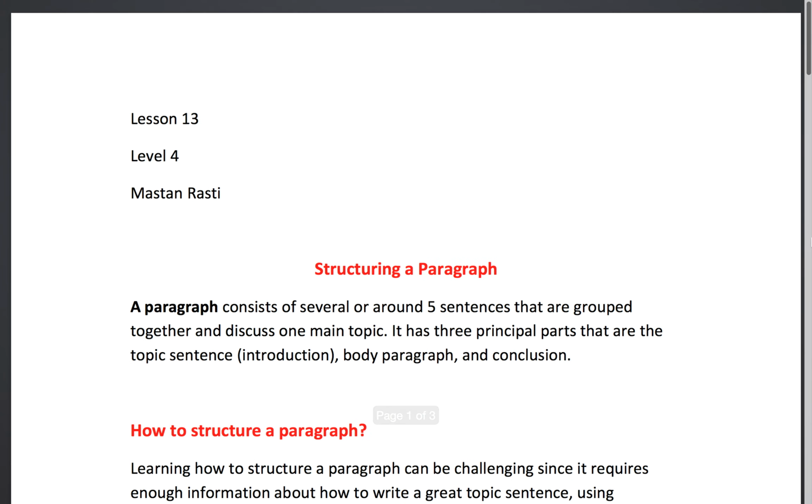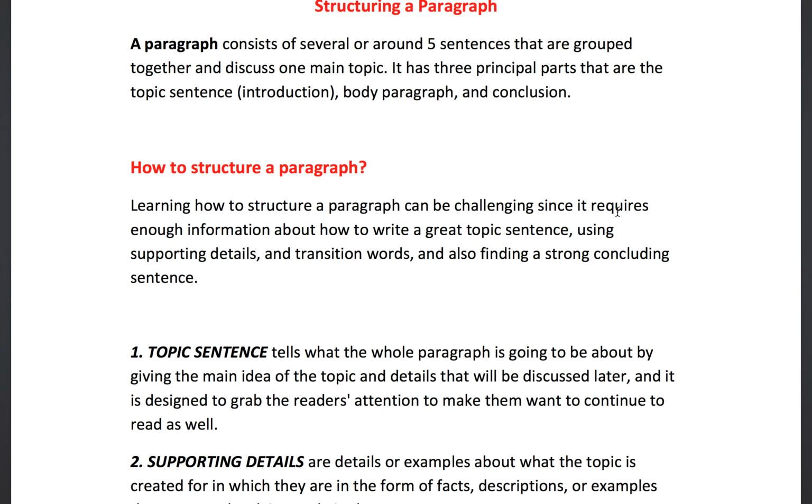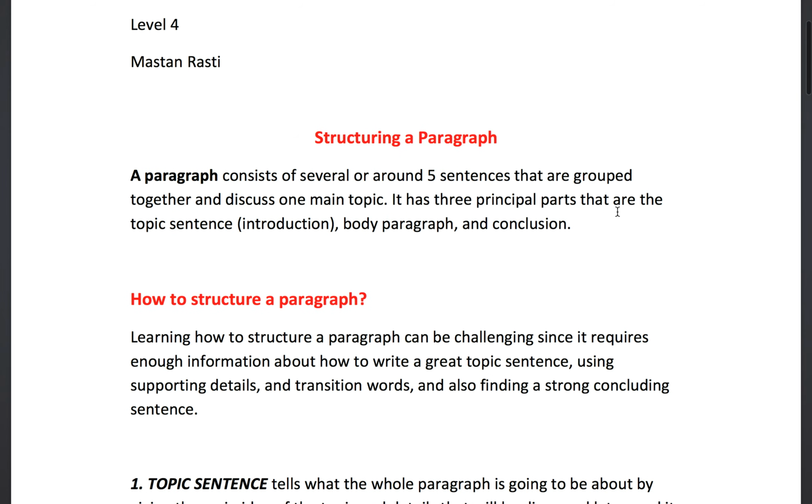Let's go back. Here, what we learned today is structuring a paragraph. I don't want to scare you, but I just want to tell you that structuring a paragraph is not that easy. It all depends on how you think and how you want to write, and on the ideas that you have in your mind.